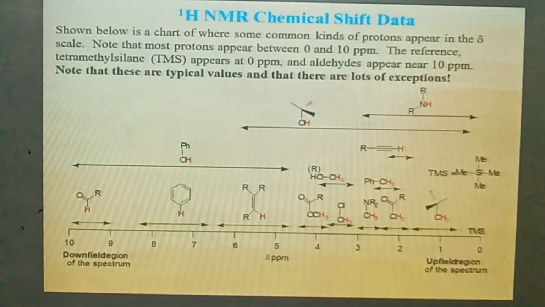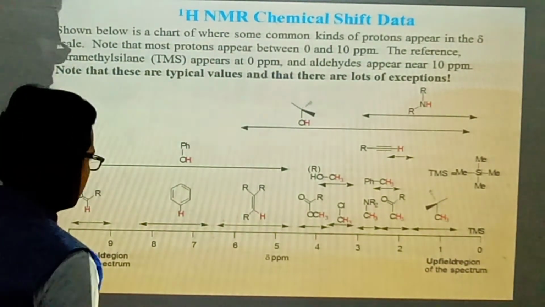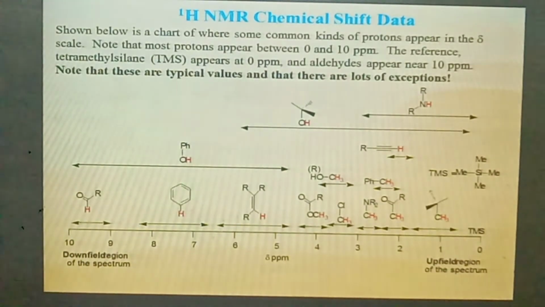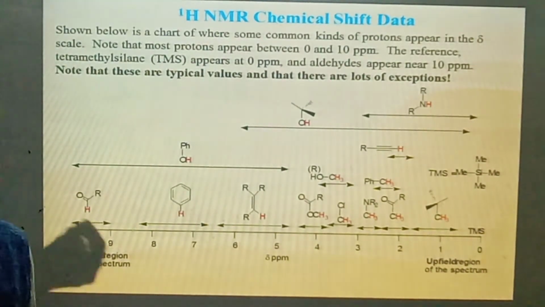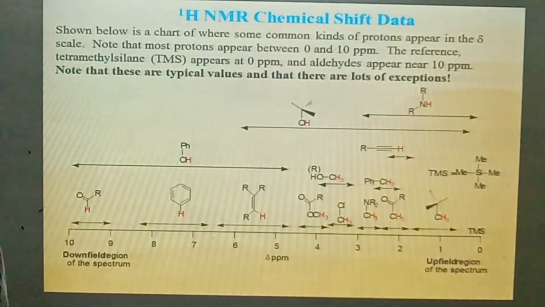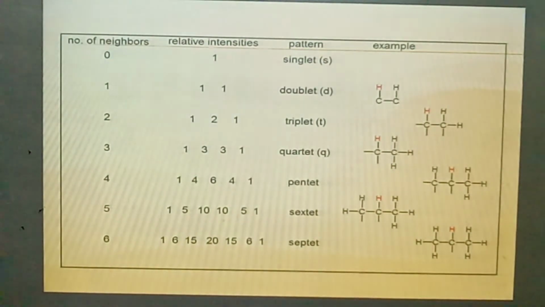This is the overall table of the different types of protons observed in NMR spectra, and using these shifting positions and other values we can elucidate the structure of our compound. Then these are the relative intensities for splitting of signals.